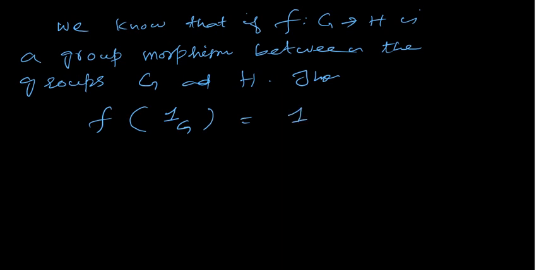That means this 1G is the identity of G and 1H is the identity of H. That we know, it preserves the identity. But it's not true in case of monoids.